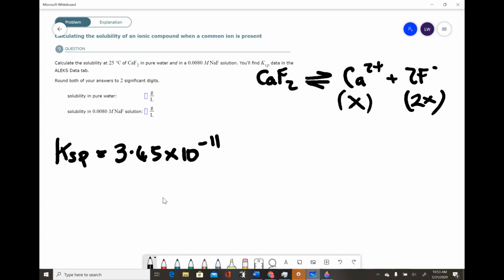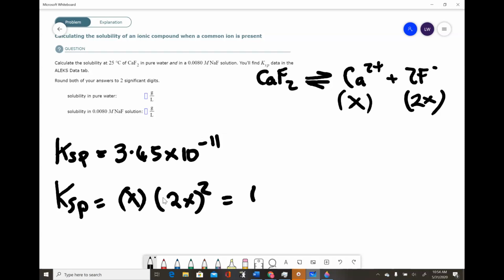We didn't have any fluoride ions present. So in this case, Ksp is going to be equal to our concentration of calcium ions, which is x, multiplied by our concentration of fluoride ions, which have to be squared, which is 2x squared, and that will end up being 4x cubed.